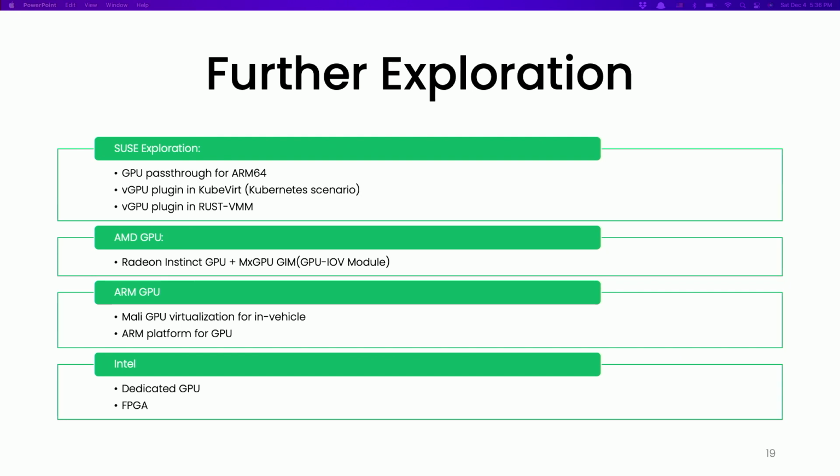Intel is about to announce a dedicated GPU. The rumor has been there for years, but it's getting closer and closer. Another benefit for Intel is that they have very good FPGA products, so you could still use their FPGA to do some inference acceleration.